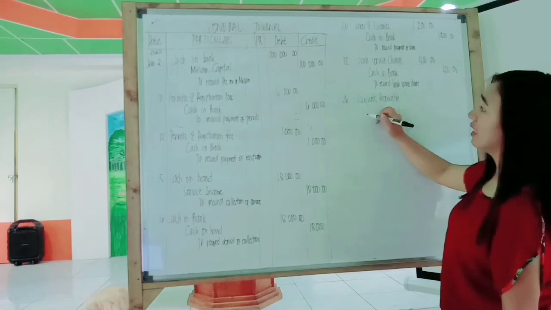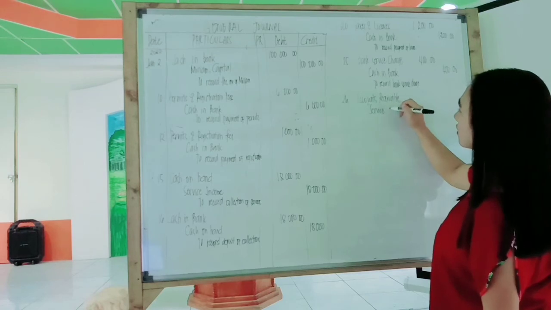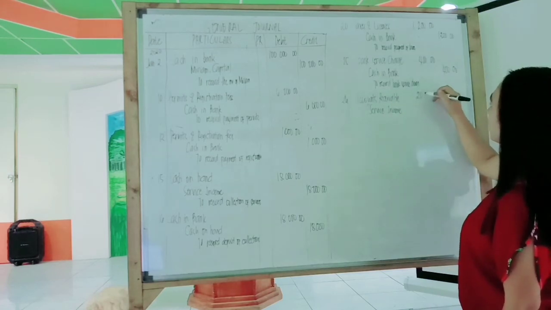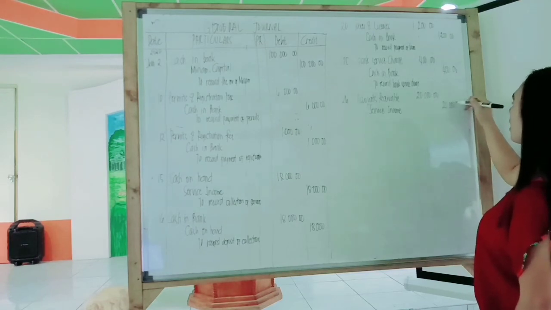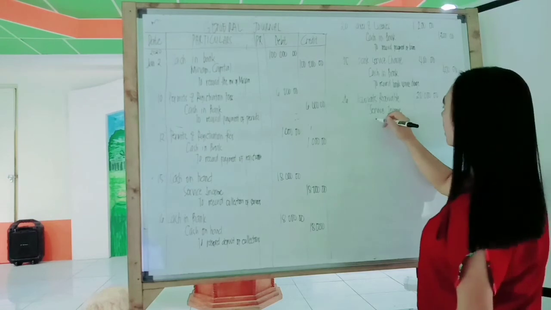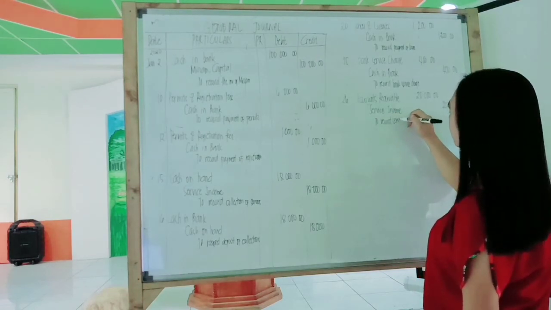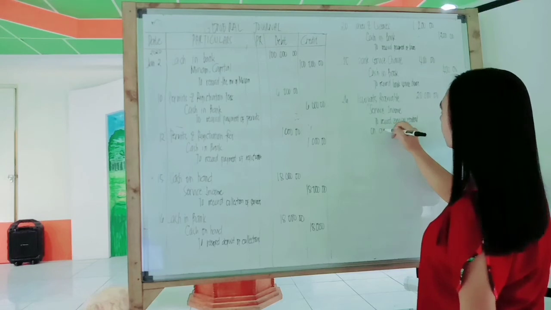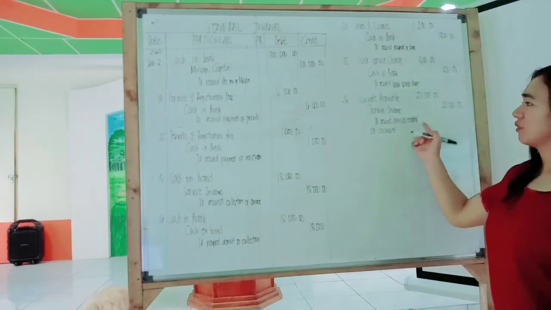And then, credit natin siya service income. Magkano? 20,000. Explanation natin, to record services rendered on account. So, services na na-render natin on account.